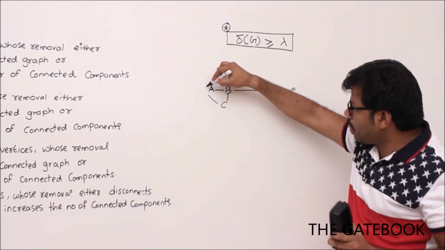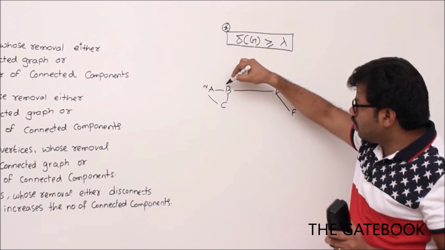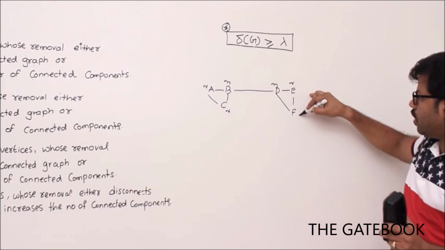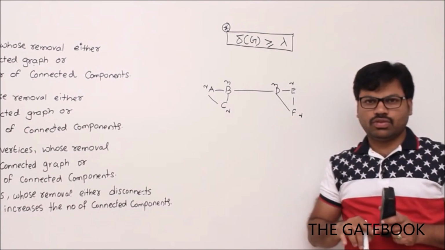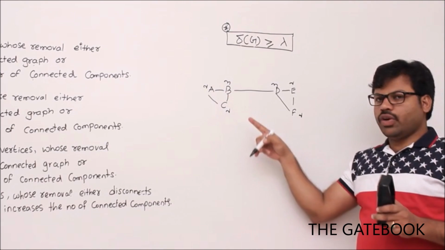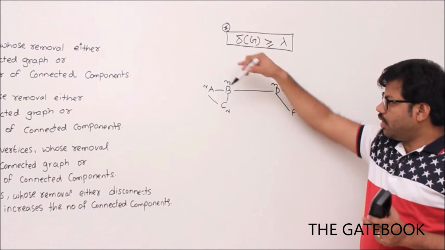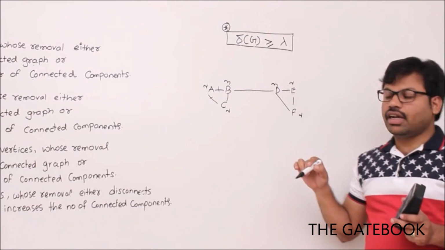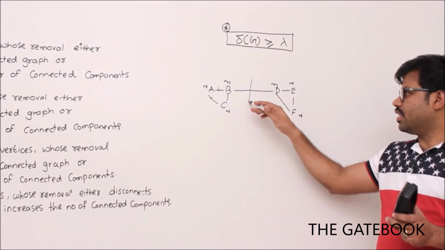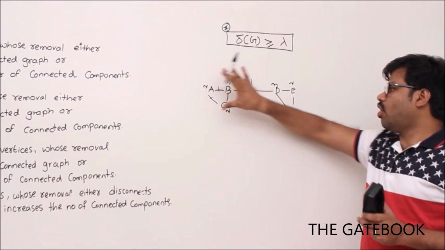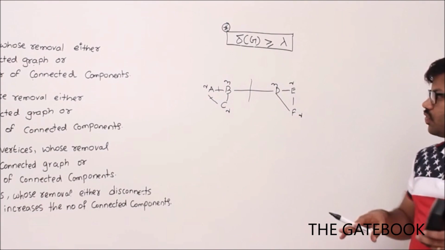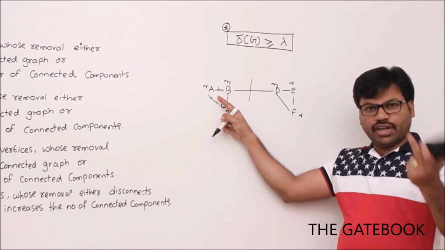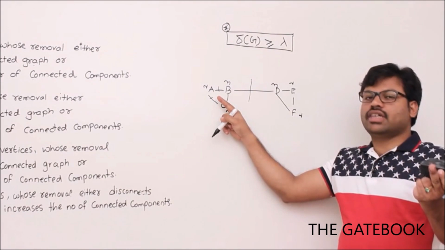If you see, 2 and 2, 3, 3, 2, 2, right? So the minimum degree is 2. So by removing two edges, I can disconnect this graph, for example this one and this one, but it is not compulsory, right? By removing a single edge like this, I can still separate this entire component from this one. So that's fine, but you never need more than two edges to disconnect the graph.